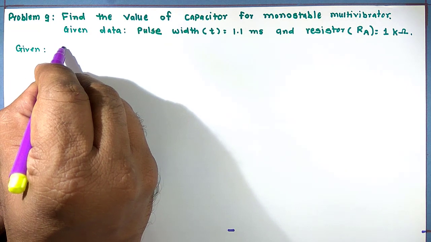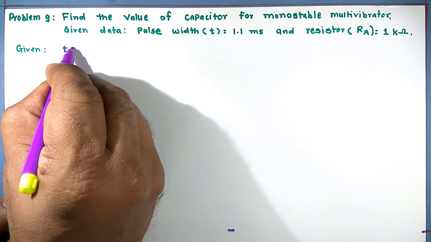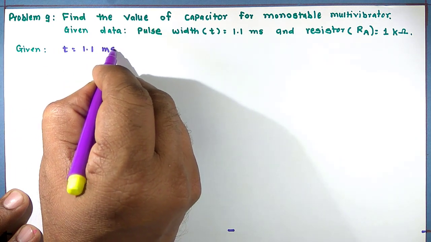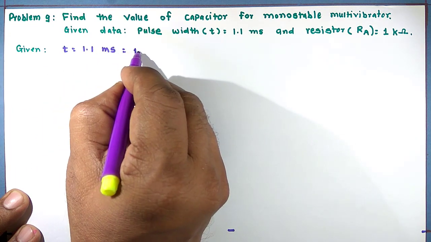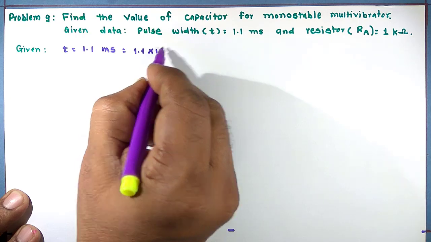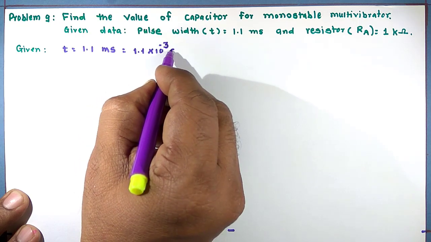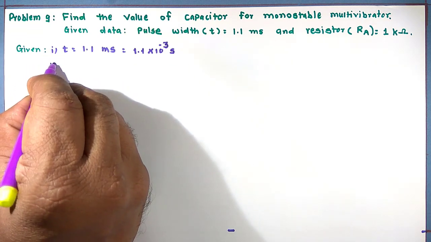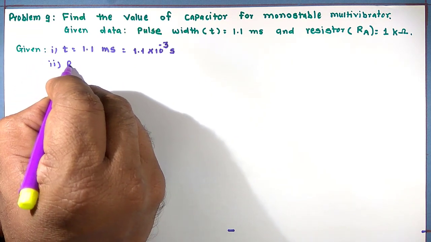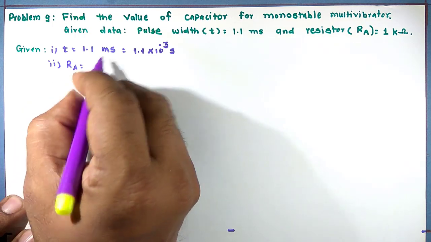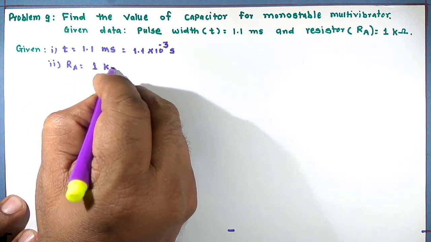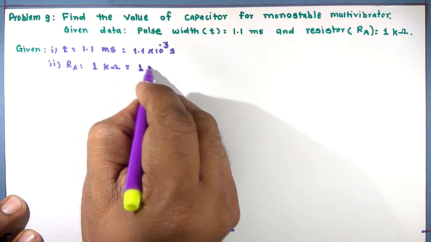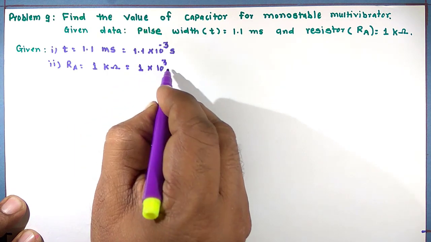Pulse width T is equal to 1.1 millisecond, which is equal to 1.1 into 10 raised to minus 3 second. And Ra is equal to 1 kilo ohm, which is equal to 1 into 10 raised to 3 ohm.